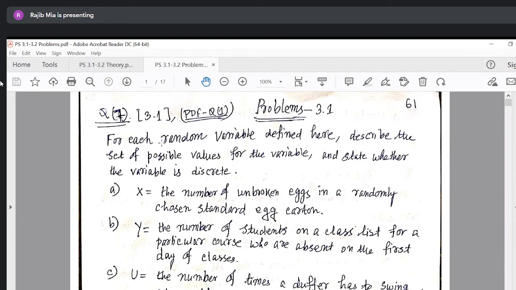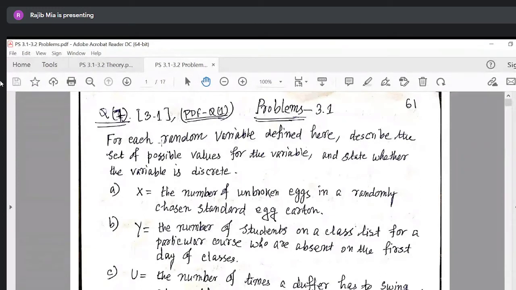The first one is: x equals the number of unbroken eggs in a randomly chosen standard egg carton. Is it discrete or continuous, this random variable x? Continuous.